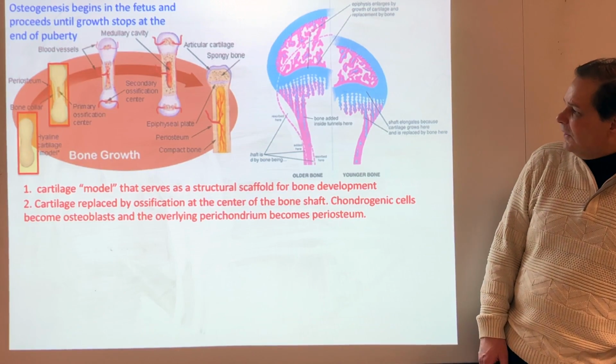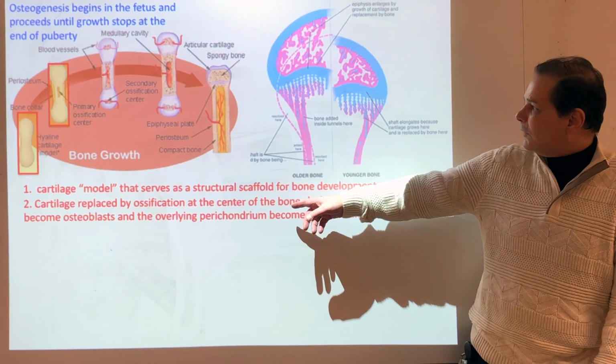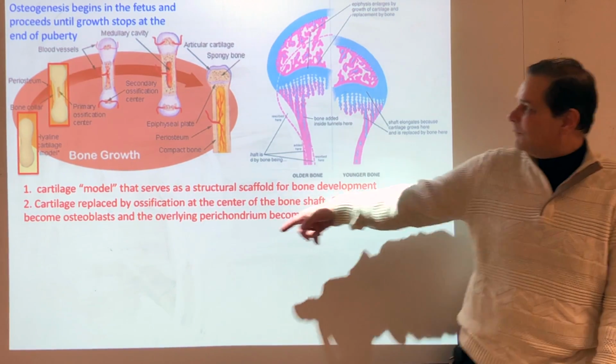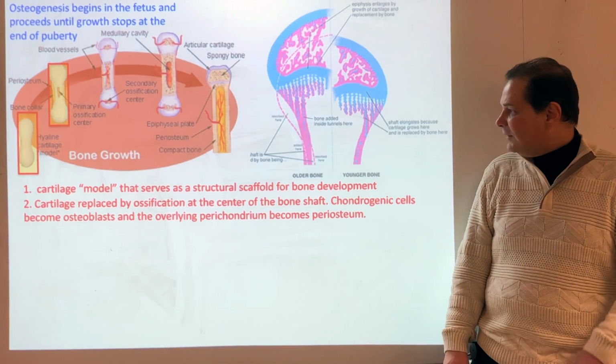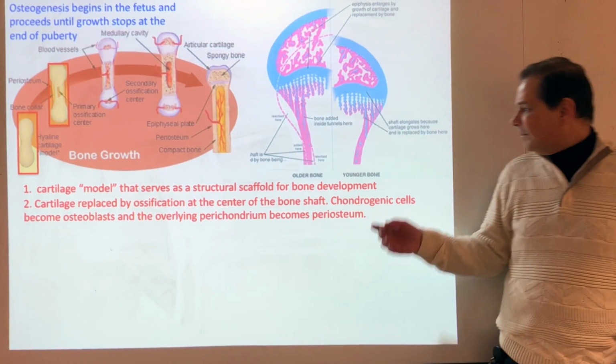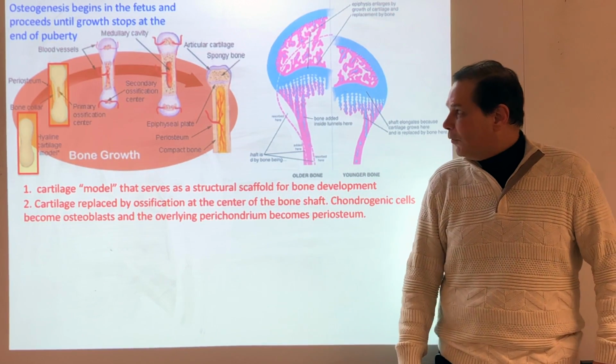That cartilage is replaced by an ossification center that forms right in the middle of the bone shaft, right here. Okay, and the chondrogenic cells become osteoblasts, and you make bone there.